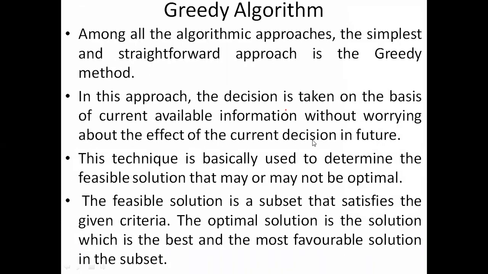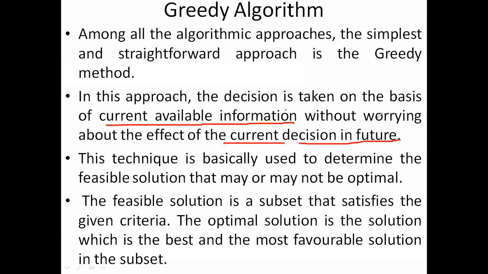So let's see how the greedy algorithm works. The greedy algorithm approach is the simplest and most straightforward approach. The decision is taken on the basis of current available information, without worrying about the effect of the current decision in the future, that is, the next problem.